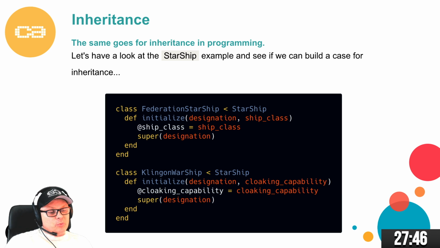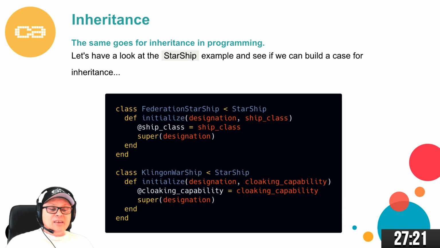So what we can do is create two new classes, one called Federation Starship and another one called Klingon Warship, and we can allow them to inherit the behavior from the Starship class for all the other things that they have in common. But we create separate classes to describe the attributes that they don't share.